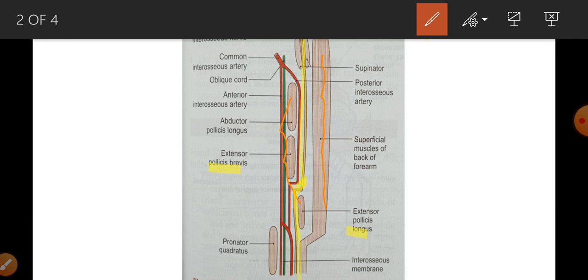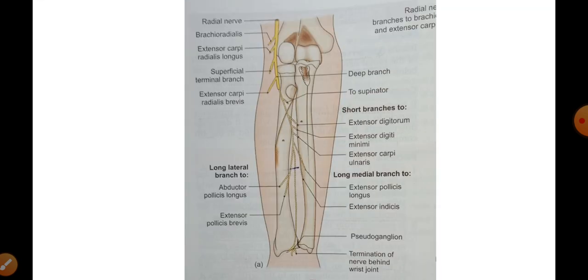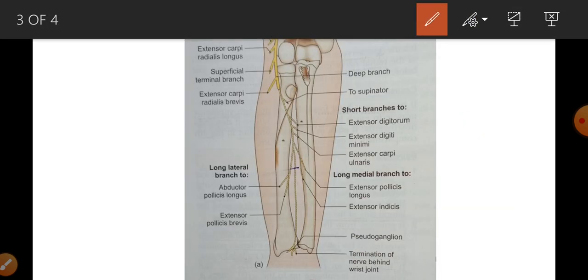So here we have the interosseous membrane in between the radius and the ulna. It runs on the posterior surface of the interosseous membrane up to the wrist, where it enlarges into a pseudoganglion and ends by supplying the wrist and the intercarpal joints.